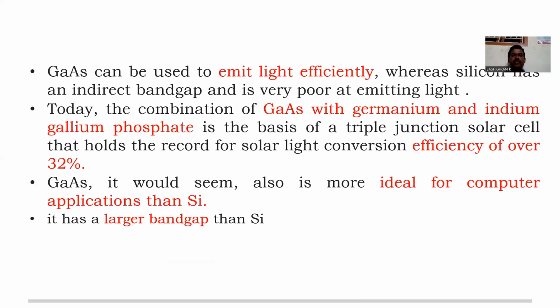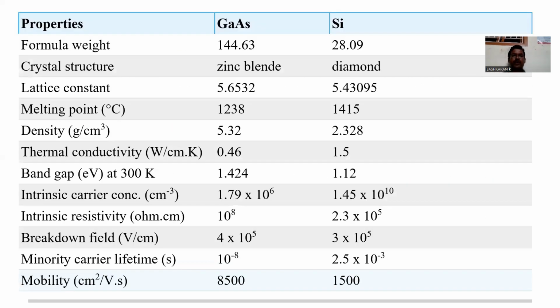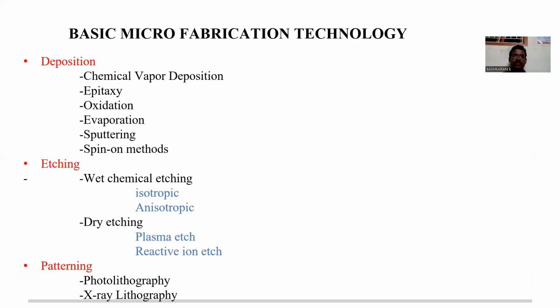These are the basic properties we record in this unit: formula weight, crystal structure, lattice constant, melting point, density, thermal conductivity, band gap, intrinsic carrier concentration, intrinsic resistivity, breakdown field, minority carrier lifetime, and mobility. There is a little difference between gallium arsenide and silicon. Compared to gallium arsenide, silicon is the best substrate, so we choose silicon in MEMS technology.